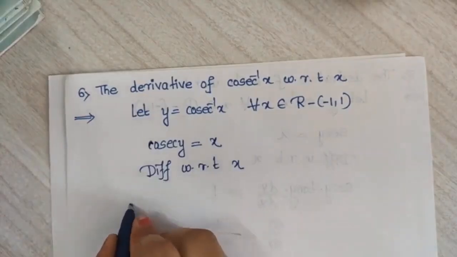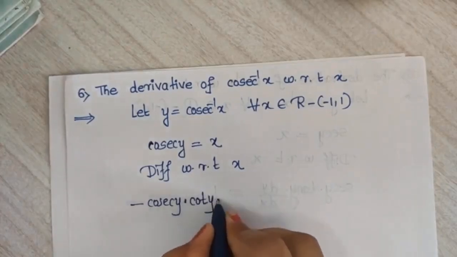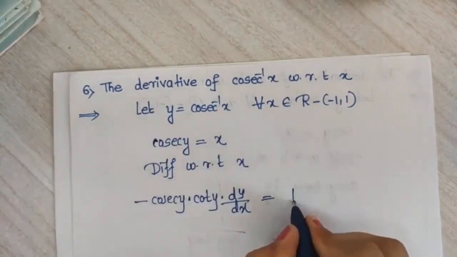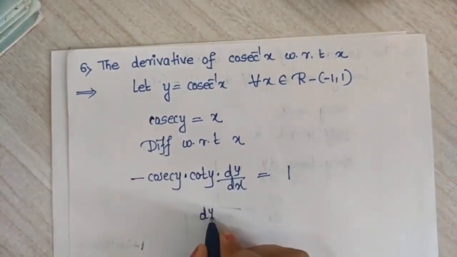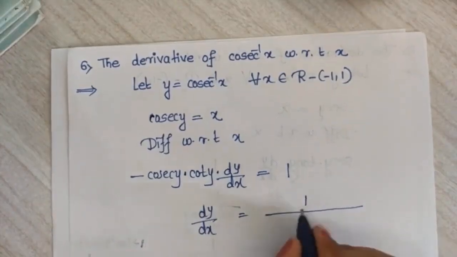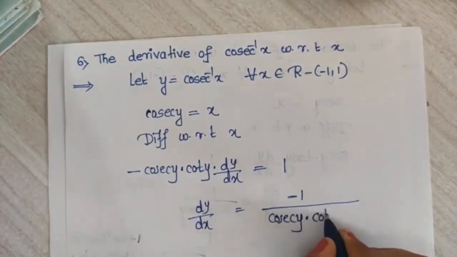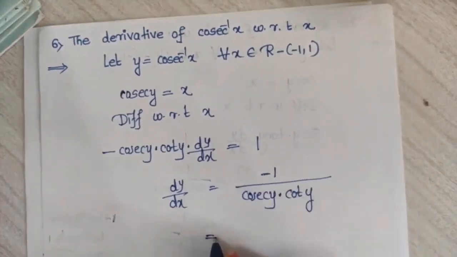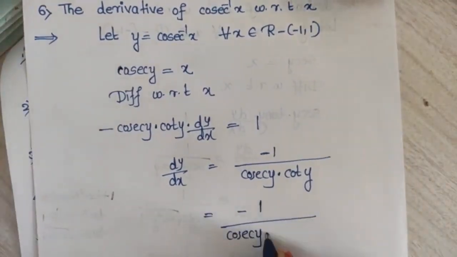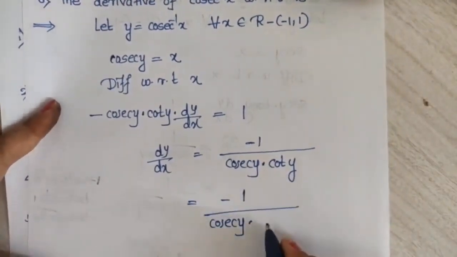Cosec differentiation is minus cosec y into cot y into what you should write? Dy by dx is equal to differentiation of x, which is 1. Now dy by dx is equal to 1 divided by minus of, that minus I'll write here, cosec y into cot y. Now this is equal to minus 1 divided by cosec y, I'll write as it is. Cot y, I'll write in the form of cosec, just how we did for the previous one.